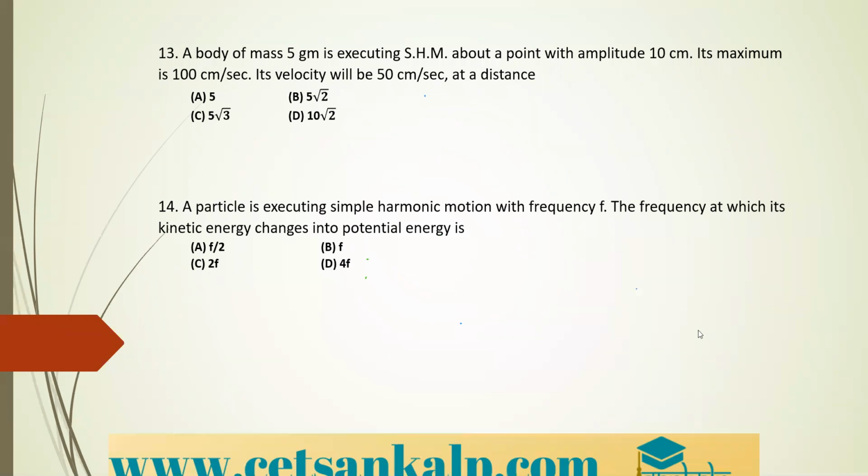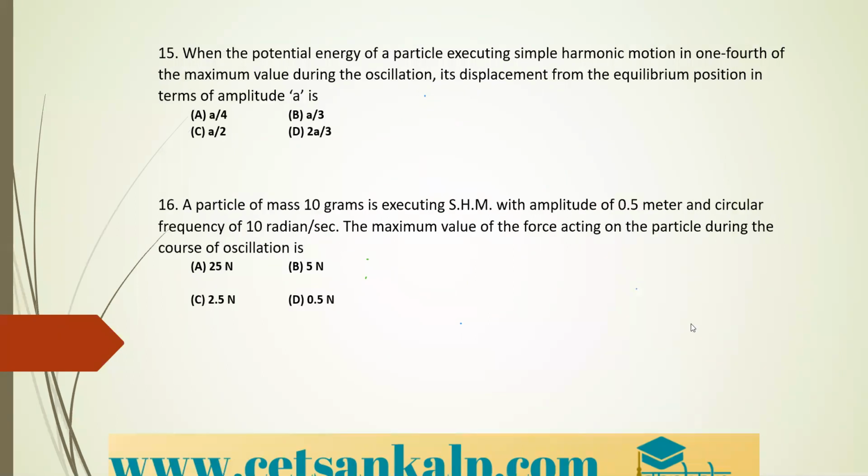Let us see the next sum. When the potential energy of a particle executing simple harmonic motion is 1/4 of the maximum value during the oscillation, its displacement from the equilibrium position in terms of amplitude A is given by.